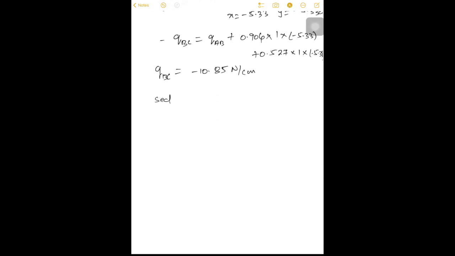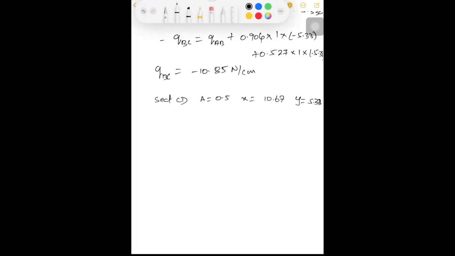Similarly, for section CD, the area A is 0.5, X equal to 10.67 and Y equal to 5.33. So it lies in the fourth quadrant, so the Y value will be minus 5.33.